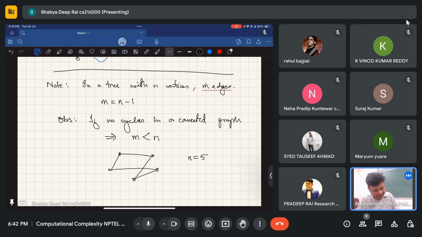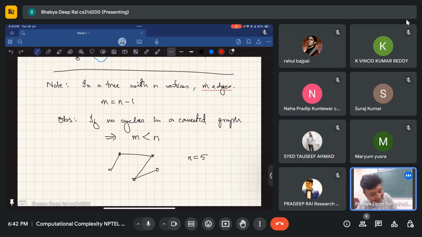So how many vertices? 1, 2, 3, 4, 5. And how many edges are there? 1, 2, 3, 4. Oh, okay, so I've already formed the cycle. Note that now if I put an edge anywhere, I will always form a cycle.